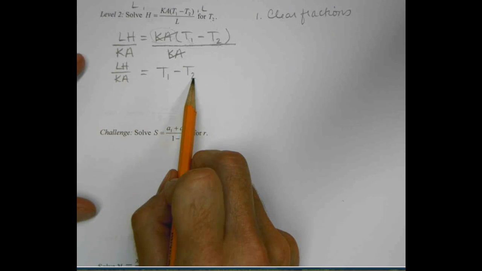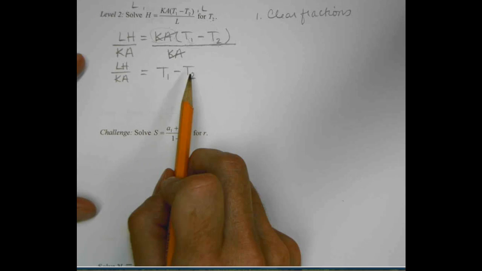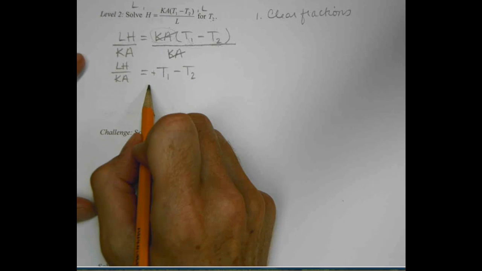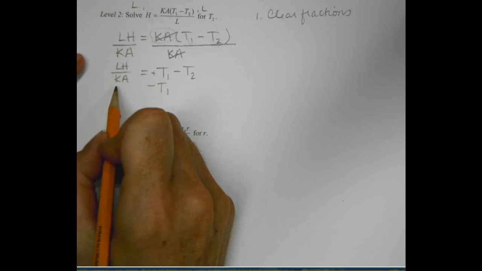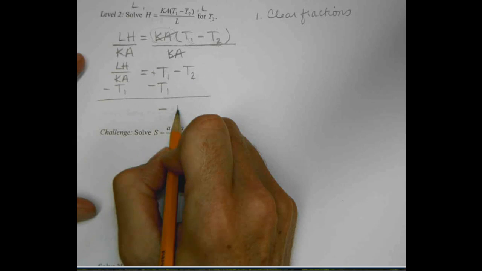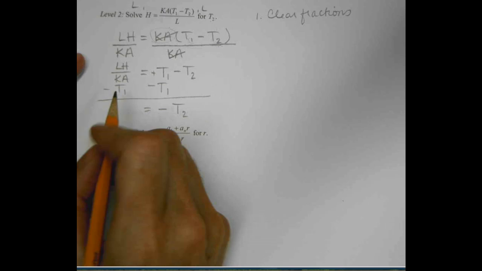Now I want the t sub 2 by itself, and since this is addition or subtraction between the two and my t sub 1 is actually a positive t sub 1, I will subtract t sub 1 from both sides, and I'm left with negative t sub 2 equals, and these aren't like terms so I can't combine them.